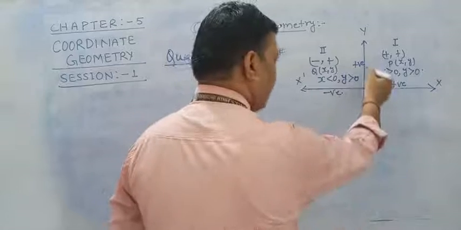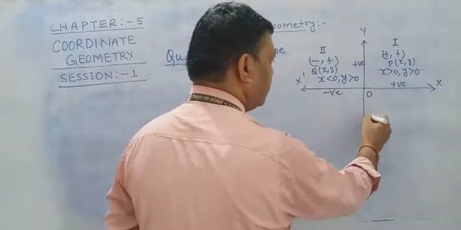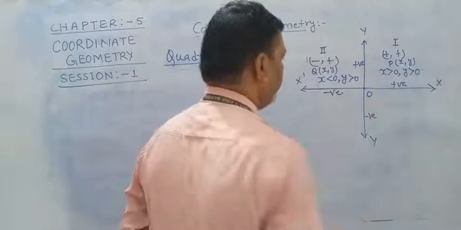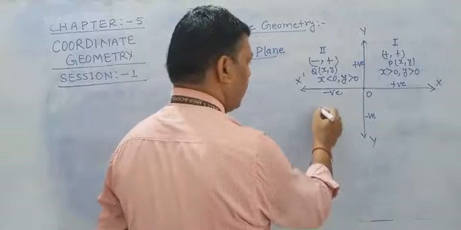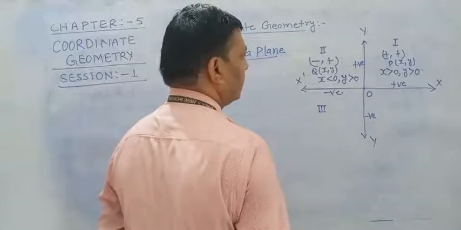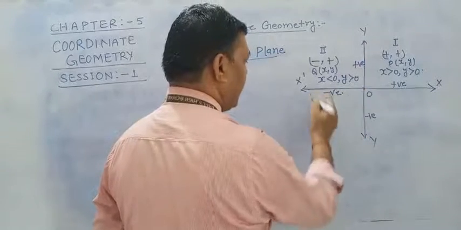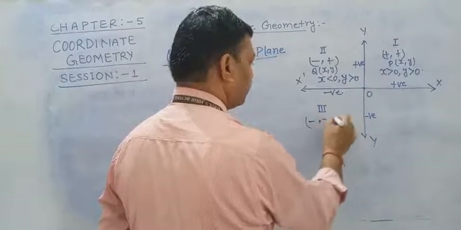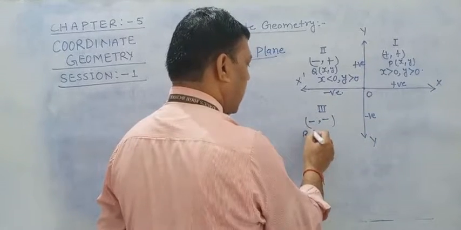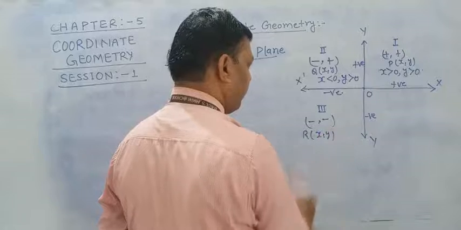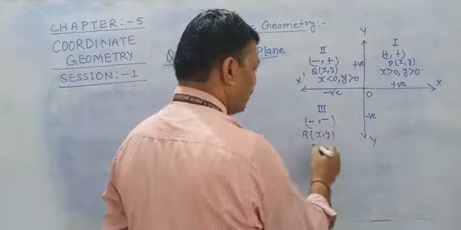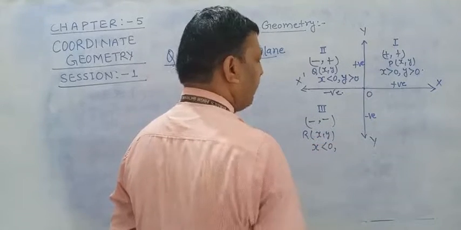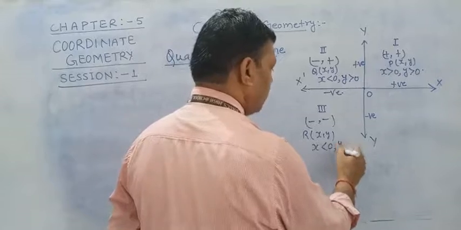Now whatever lies below is taken negative, so this is called the third quadrant. In the third quadrant the abscissa is negative, ordinate is also negative. Suppose this point R is (x, y), so the value of x is less than 0 because it is negative, and the value of y is also less than 0.